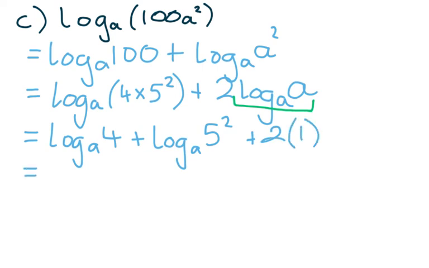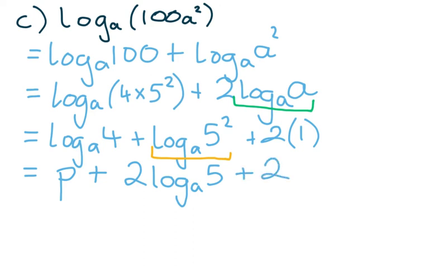We then need to have a look at what we can do about the log a of 5 squared, and we also need to simplify that 2 times 1. So far, we've got p plus 2 log a of 5, because all I've done there is bring that power down to the front using our log law. And I'm just going to put plus 2 on the end. Now log a of 5 is the same as q. So we're going to have p plus 2q plus 2 as our simplified answer there.